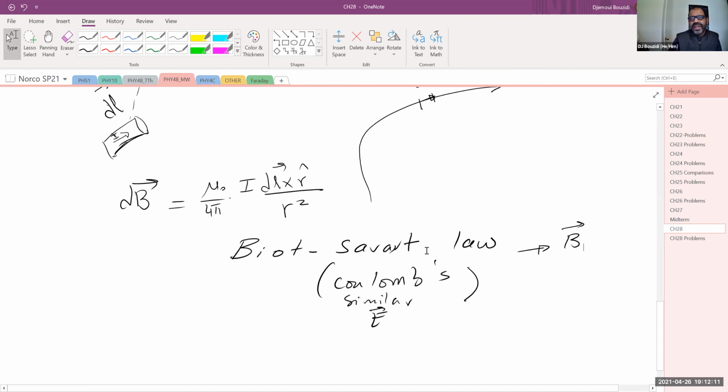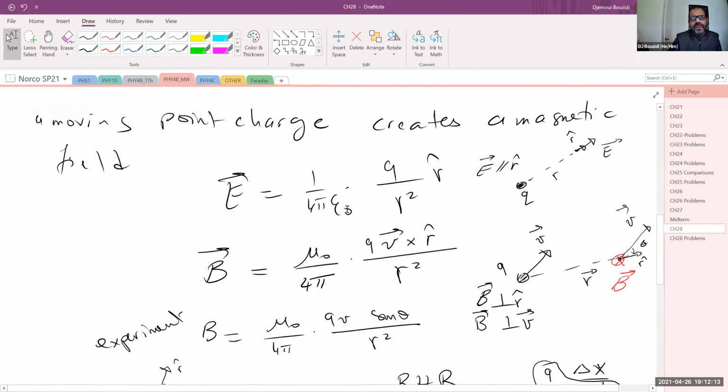Let's talk about mu naught. In Coulomb's law, epsilon naught was downstairs, in the denominator. This one is actually upstairs in the numerator. So this is a big distinction that we used to see everywhere we had Coulomb's law, everywhere we were dealing with the electric field. The permittivity of the medium, epsilon naught, was in the denominator.